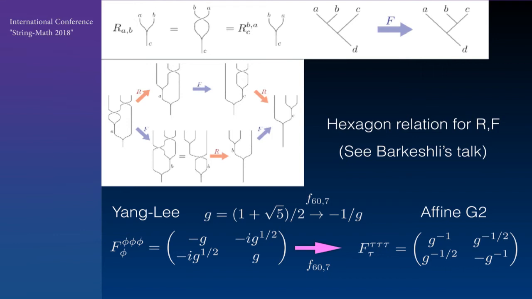So, for example, here's the non-trivial fusion matrix for Yang-Lee. It's expressed in terms of the golden ratio, G. Under this Frobenius element, G goes to -1/G, and if you do that transformation, you get the non-trivial fusion matrix for affine G2.